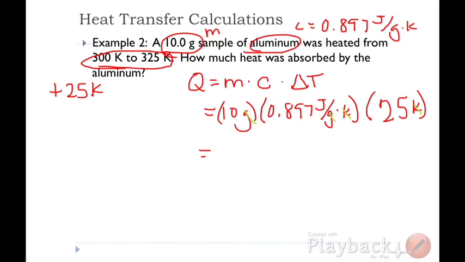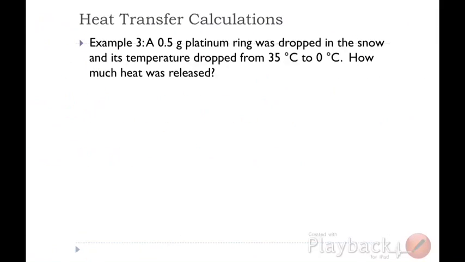Multiply, and our answer is 224.25 joules. That's our Q. And again, this is heat absorbed. We know it was absorbed, one, because the question tells us, but also because the temperature increased. And it requires heat energy in order to increase the temperature of something.